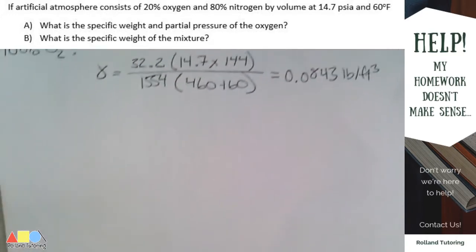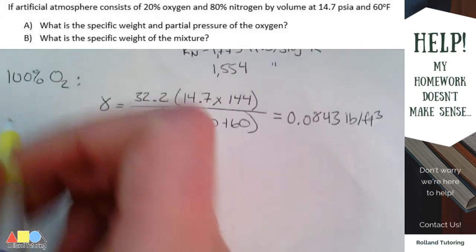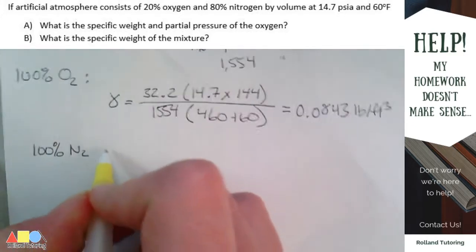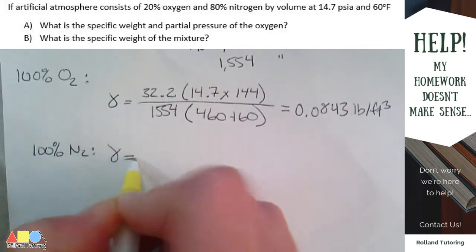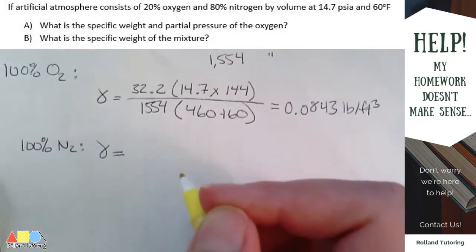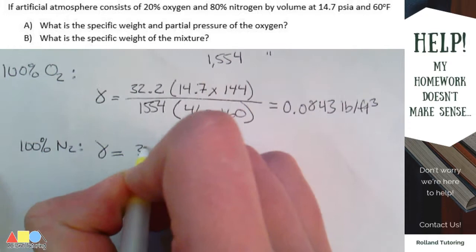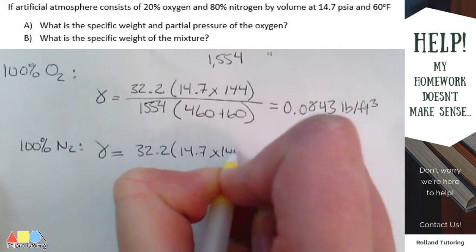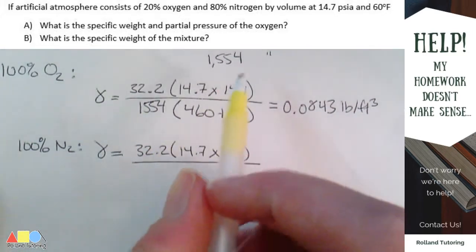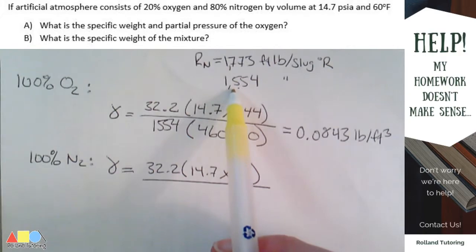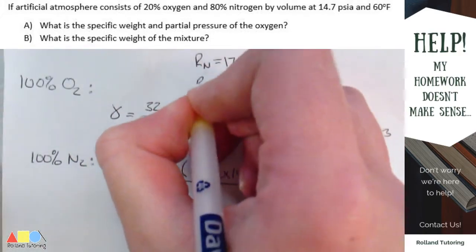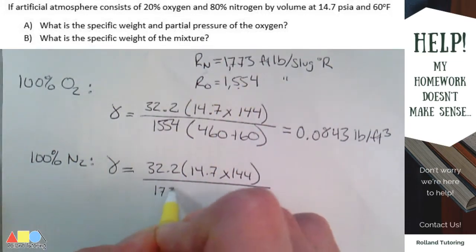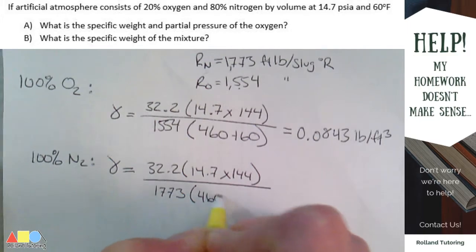Once we have that, we'll have to do the same thing for our nitrogen, 100% N2. That will equal nearly the same thing: 32.2 times 14.7 times 144 over, but now rather than using the oxygen R, we use the nitrogen one, 1773, times (460 plus 60).